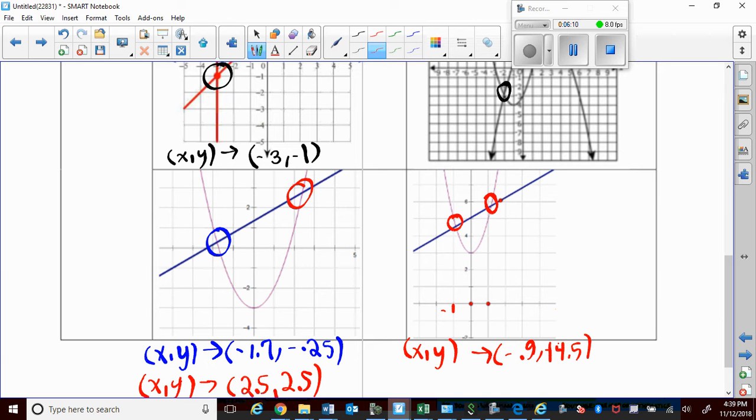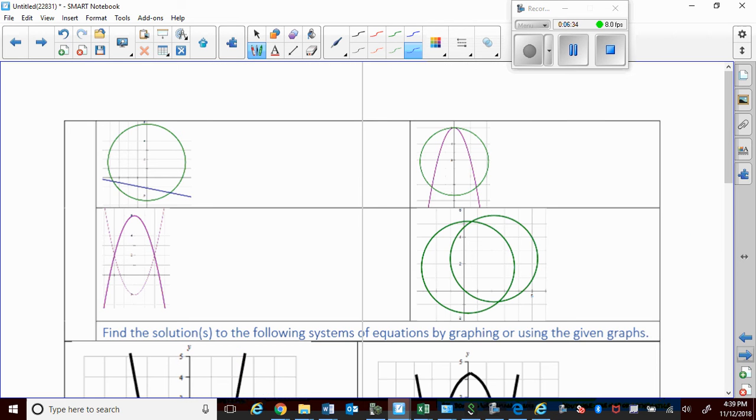That's the first intersection. The second intersection looks like it's a little bit over 1, so we'll say 1.1, comma, 5.6. That's my second intersection. So that's graphically finding those intersections. Here, we have an intersection here. You can go ahead and get those coordinates on your own.